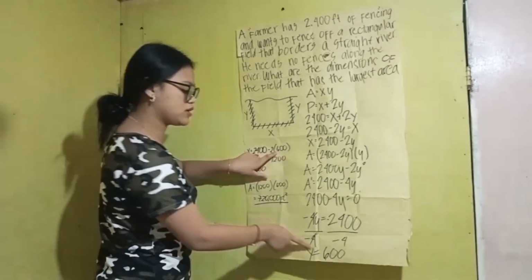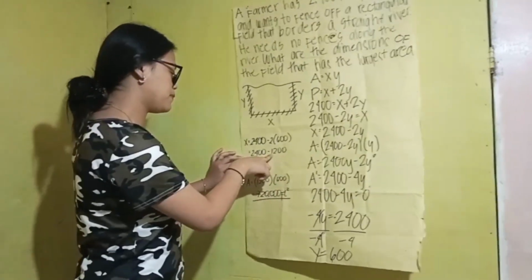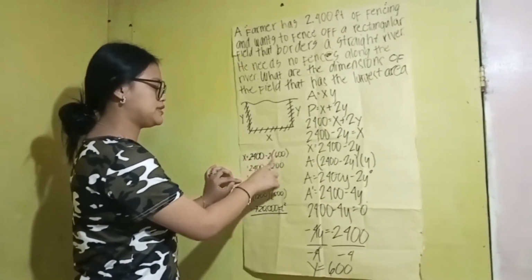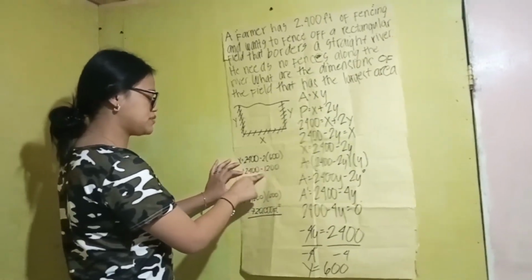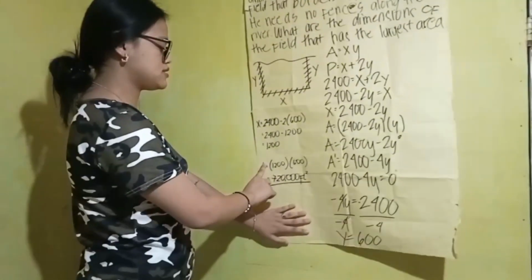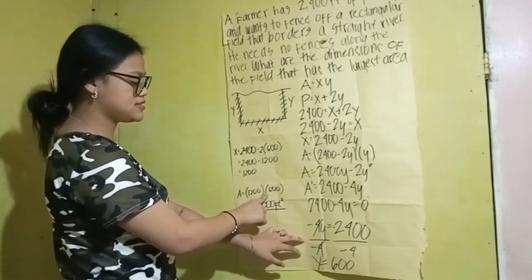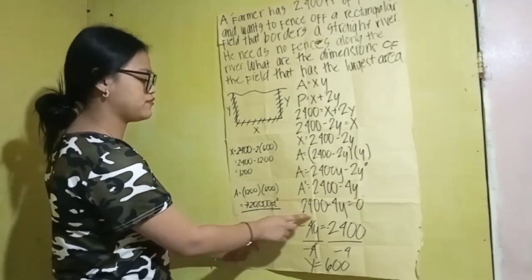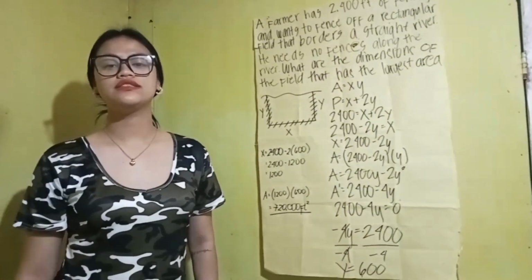You get the 600 because y equals 600. x equals 2,400 minus 2 times 600, which equals 2,400 minus 1,200, which equals 1,200. The area is 1,200 times 600, which equals 720,000 square feet. I think that's all. Hoping that you understand my problem.